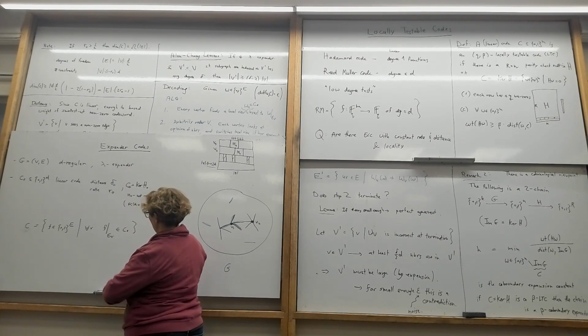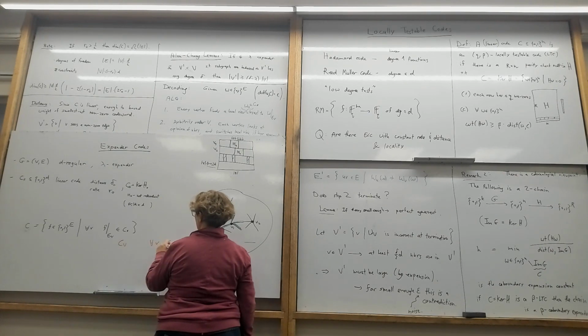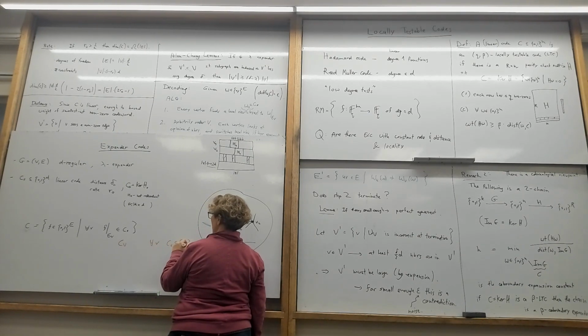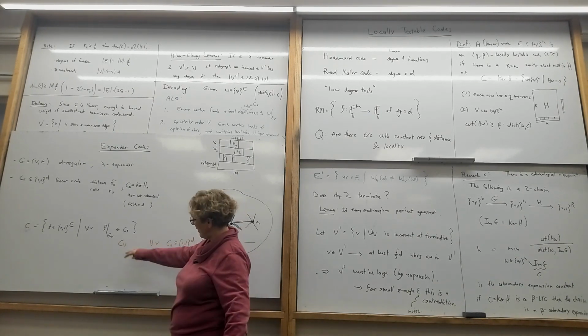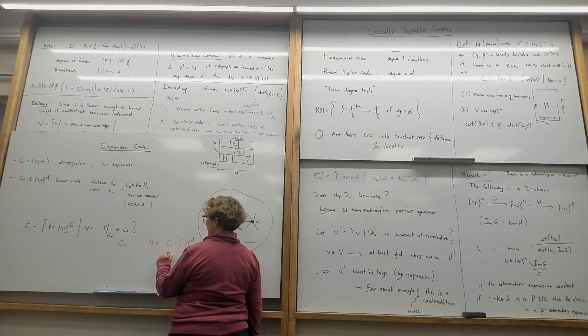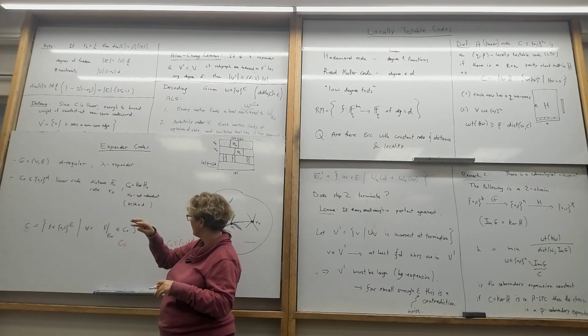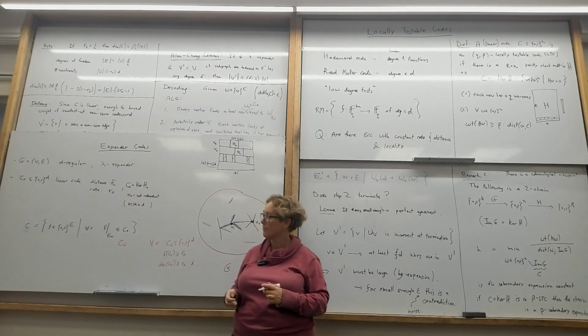Really, I could instead have CV, where for every V, CV was a different code on D bits. Everything would work the same as long as the distance of CV is at least delta 0 and the rate, the dimension of CV, is at least R0 times D. So this is more general. You don't need to have the same code everywhere. You can have different codes in different places.